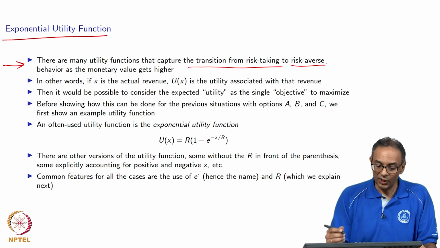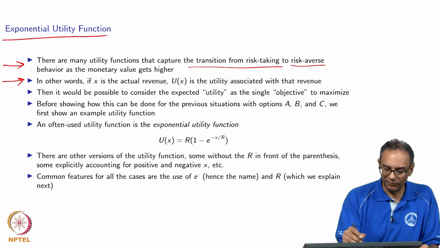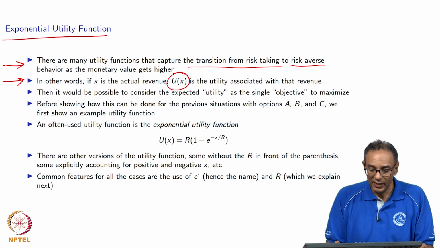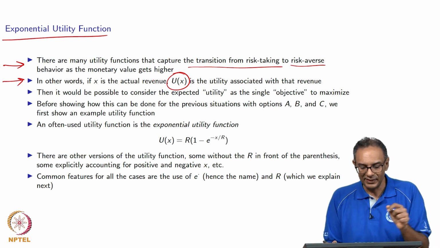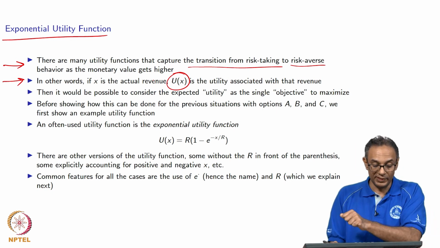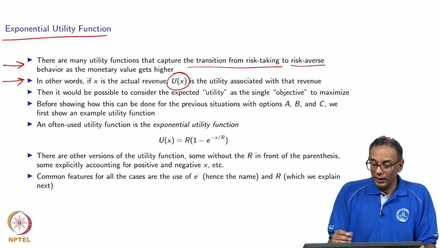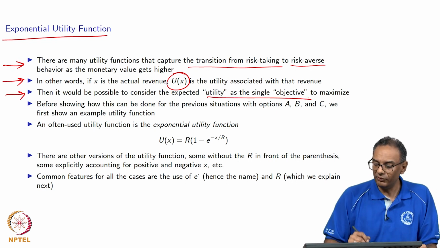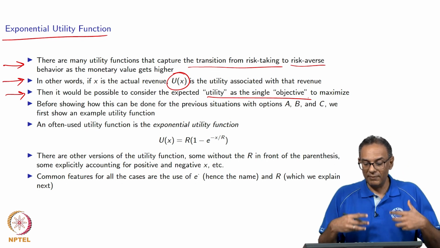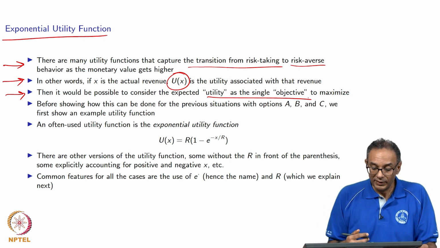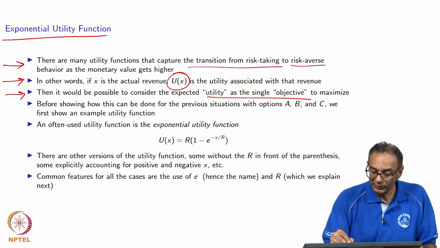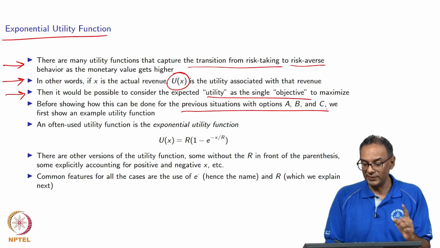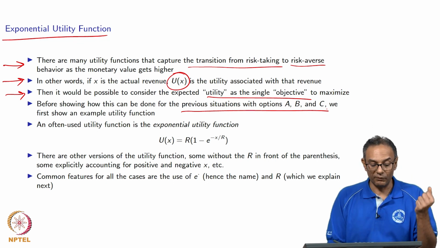Okay, so we want to use a function u of x, and we don't worry too much about the function itself, as x increases, you want to capture your utility. Now, you want to then take this utility function as a single objective which you want to maximize. You want to compute the maxima of that function. Turns out that we could do that exact same thing and pick one objective and optimize among the three options, which is what we will see here.